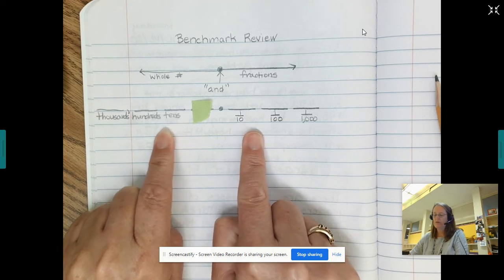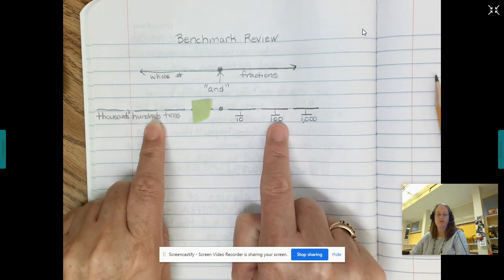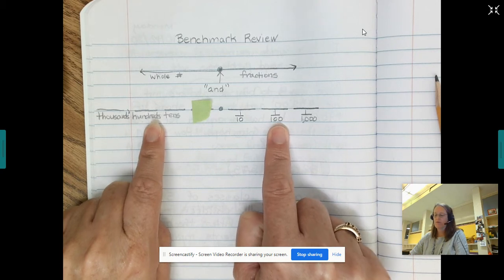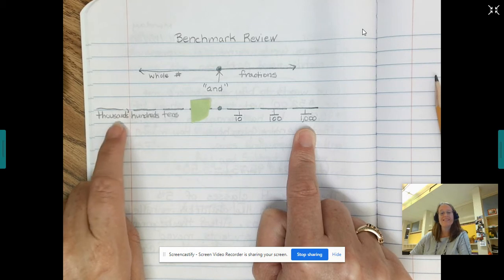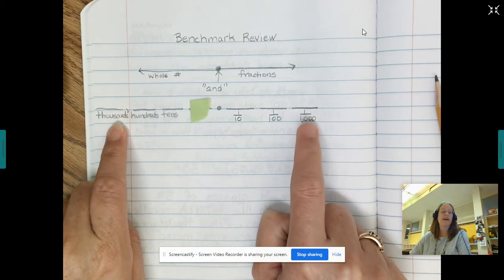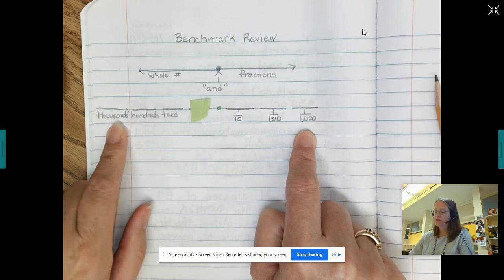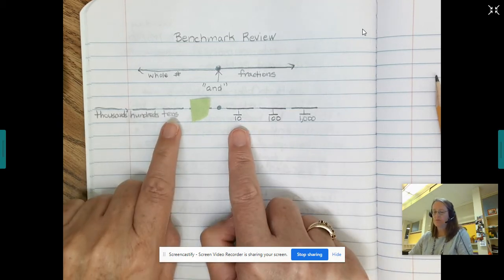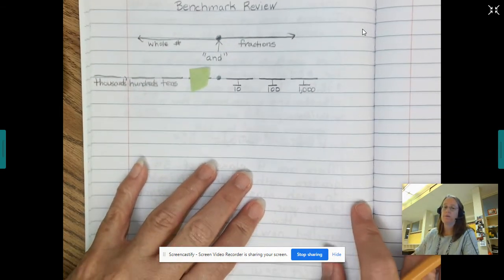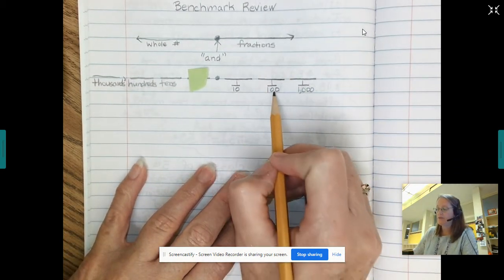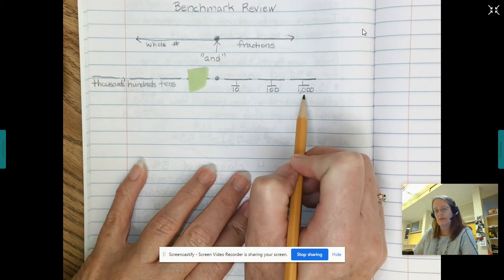Move both your fingers out, and you have hundreds, hundredths. Move both your fingers out. Here's the thousands place, and here's the thousandths place. Okay, so that's just one way to help you remember. The other way, guys, is just to memorize it. Tenths, hundredths, thousandths.